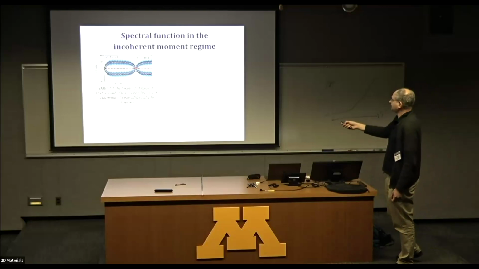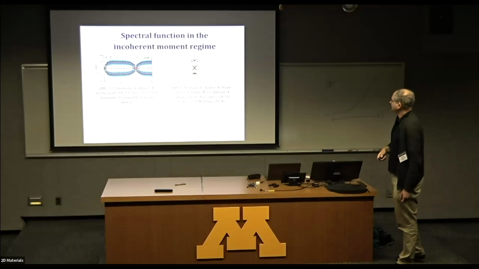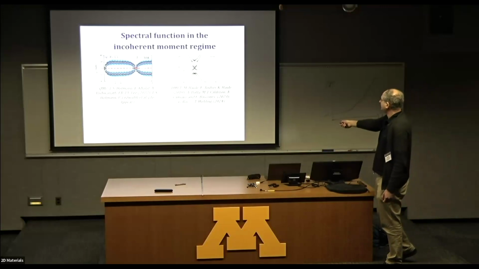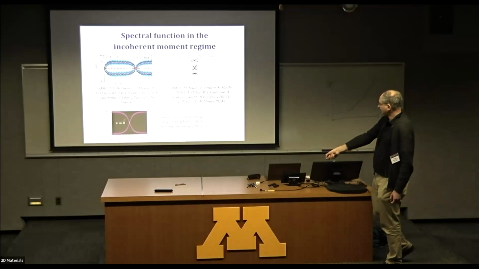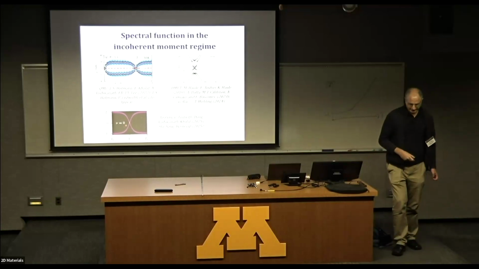Okay, and this type of behavior was actually seen in various different types of calculations. In DMFT, people see similar things, and also Patrick showed an analytic way to compute this type of spectrum.